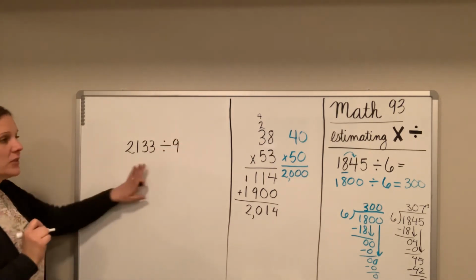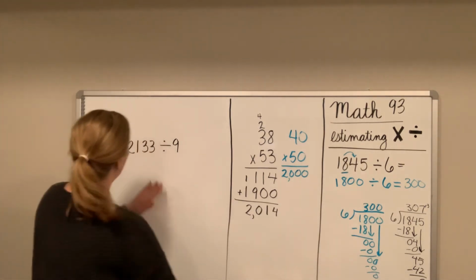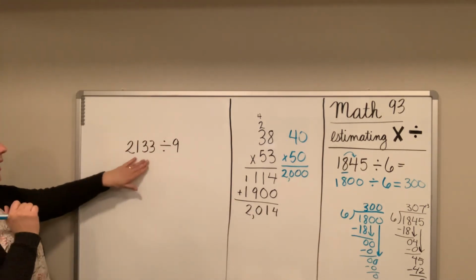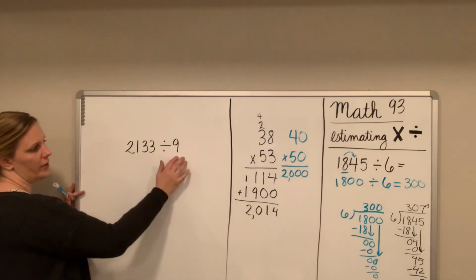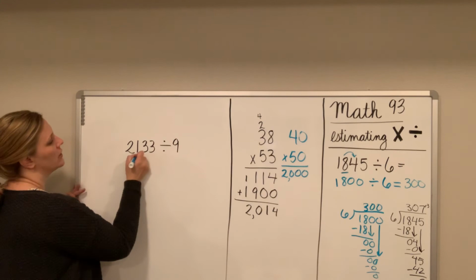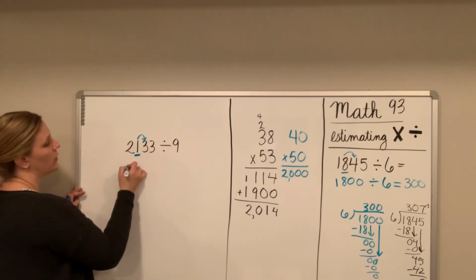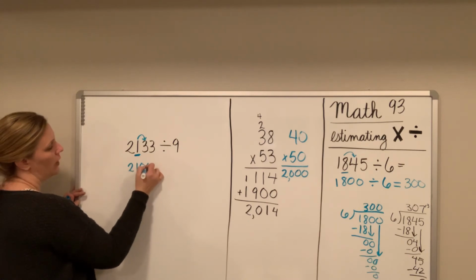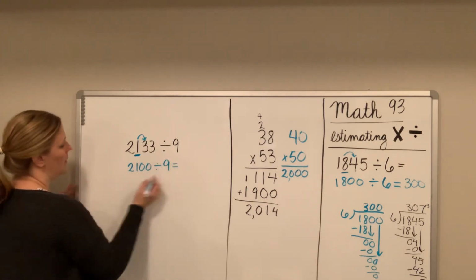Okay, so that's our division problem. So to estimate, we're going to look at this number. I'm going to round to the nearest hundreds place because I can easily divide hundreds by a 9. So my hundreds is right here. Next door is 3, 5 or greater? No, so it's going to be 2,100 divided by single digit 9 stays the same.